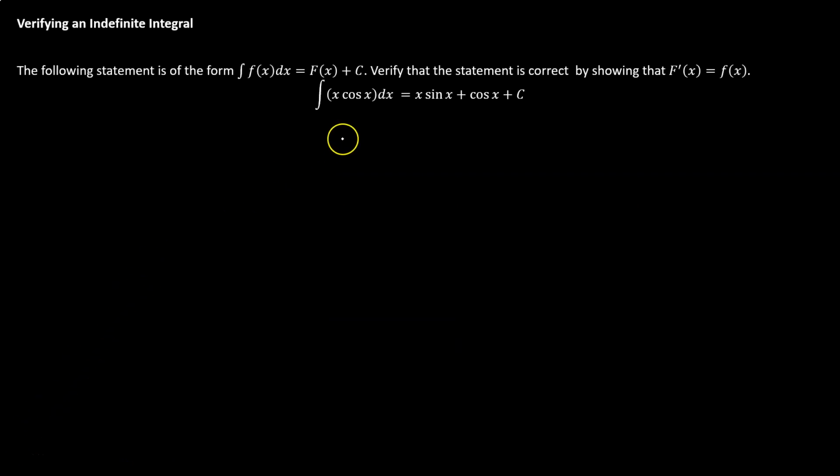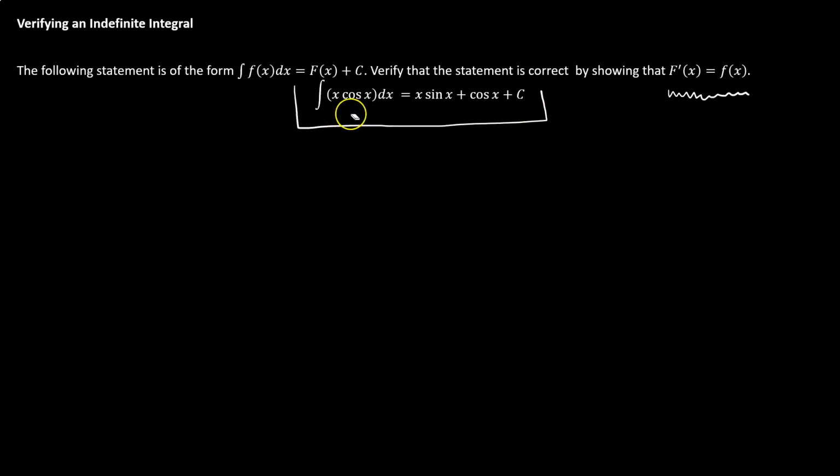One of the types of problems that we'll do in this section is where we verify the statement that's given to us. So if we're given a statement like the integral of f of x is equal to capital F of x plus c, we might need to test that that's true, and the way that we're going to do that is by showing that the derivative of what's presented as capital F matches the thing that's inside of the integral.